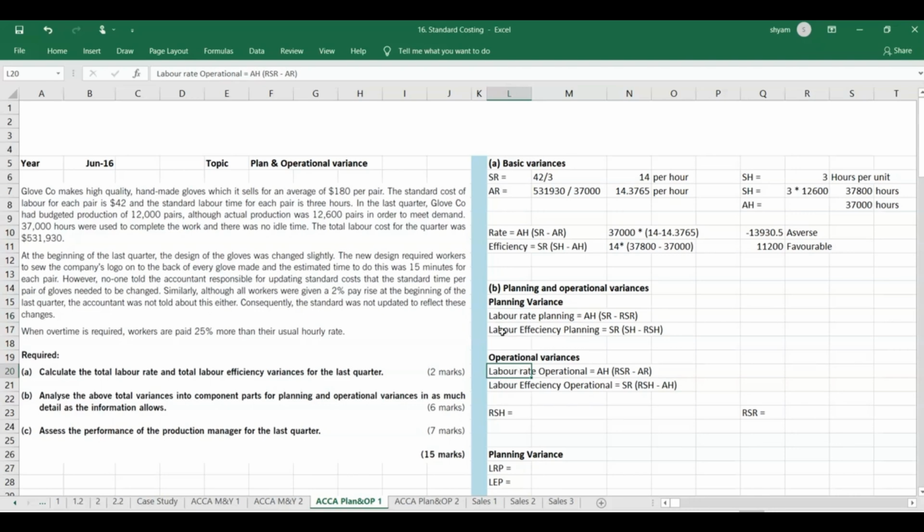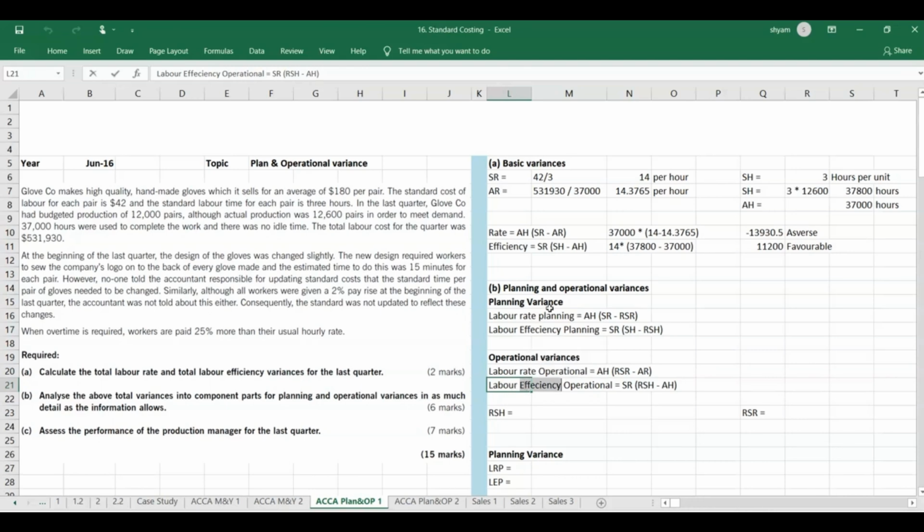The same thing happens in terms of efficiency. Efficiency was planned in a particular manner, that they have to produce this much or that much. That refers to the planning department or the top management, and the actual one, the favorable or adverse variance that can be attributed to the production manager, is the labor efficiency operational variance.